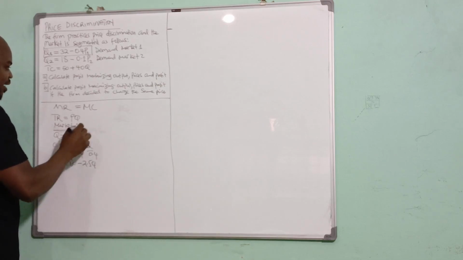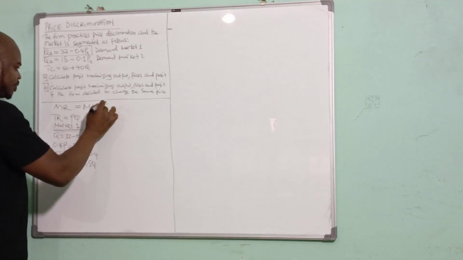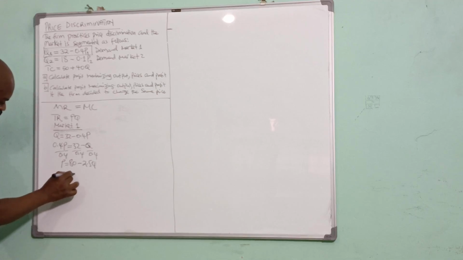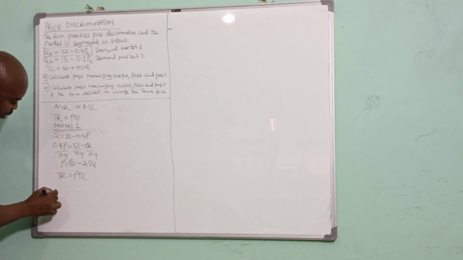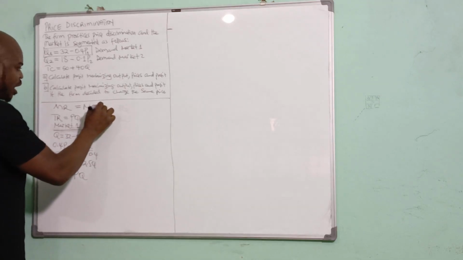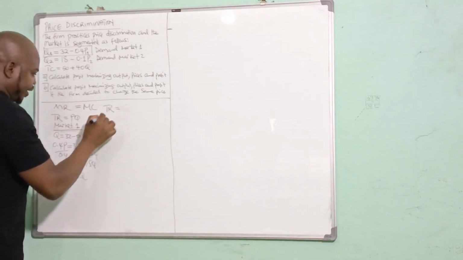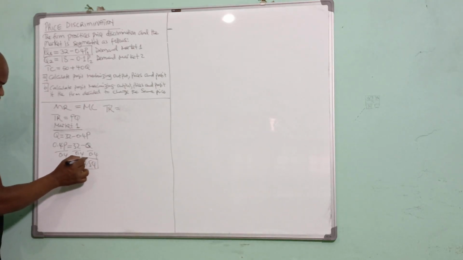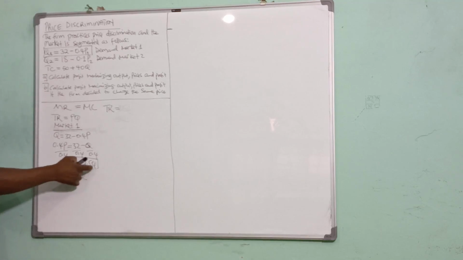And from this equation I can now calculate the total revenue, where P is equal to 80 minus 2.5Q. My total revenue now is the P here replaced by this entire expression, because we are saying P is equal to that.